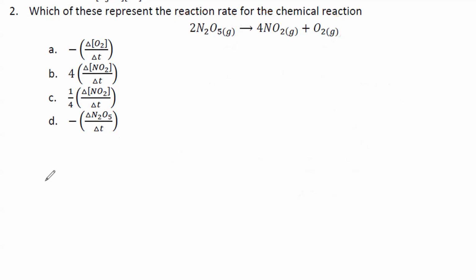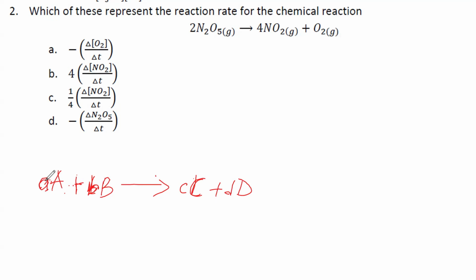Let's say you have an equation where A reacts with B, and this A and B react to produce C plus D. So how do you measure the rate of this reaction?